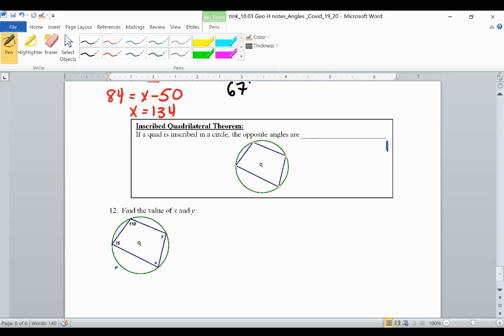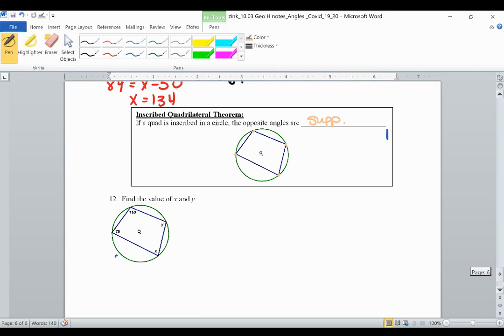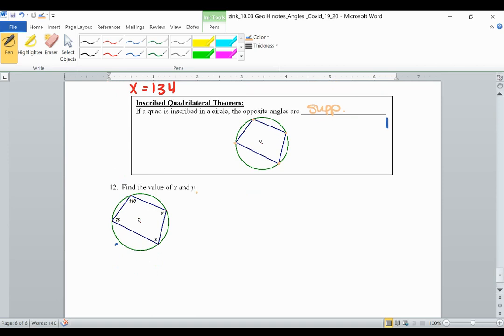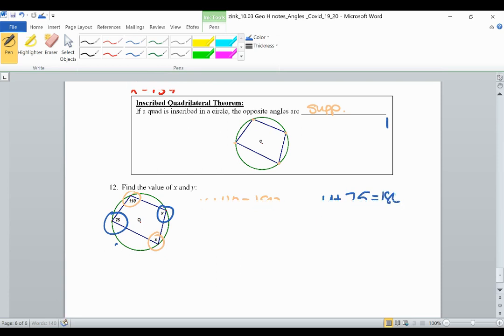It's not a parallelogram, so opposite angles aren't congruent; they're supplementary. In number 12, you want to find x and y by looking at opposite angles. x and 110 are opposite angles, so they add to 180. y and 75 are opposite angles, so they add to 180 as well.